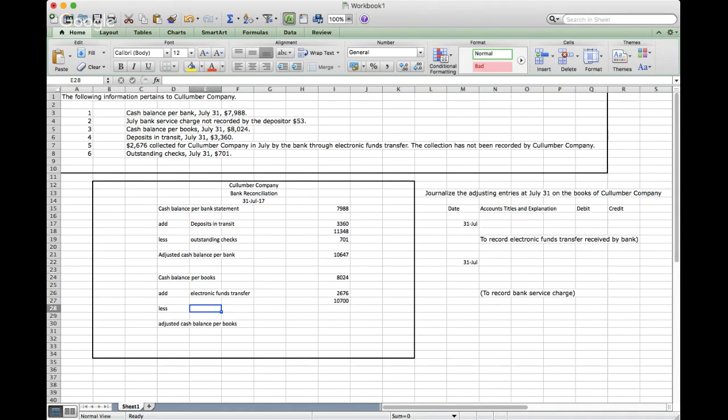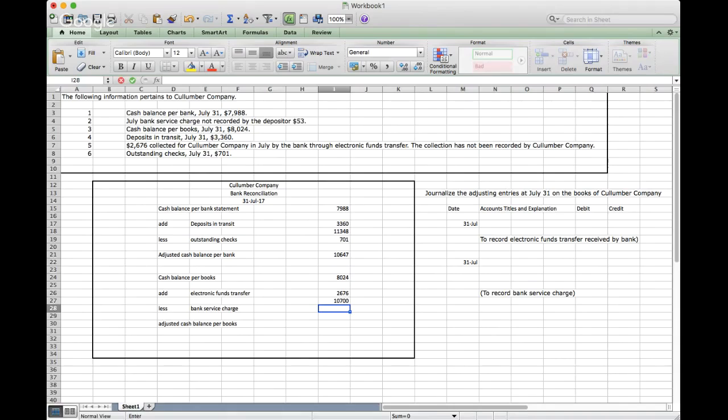And then step 2 is to subtract other payments. I don't think I mentioned step 3 in the last one, but that would be adding or subtracting any bank errors, but we don't have that in this problem. It's also step 3 for the books as well. But anyway, we're going to subtract other payments, and here we have a bank service charge, and we see that up here, that's $53.